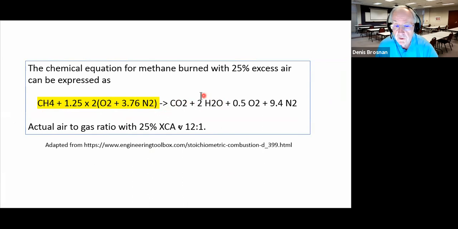And this is what we get in the flue gases: carbon dioxide, if we've completely oxidized the material, water vapor, a little bit of oxygen left over because we had excess air, and a little bit more nitrogen. And so the actual gas ratio of air to fuel is about 12 to 1 with 25% excess air. Okay.